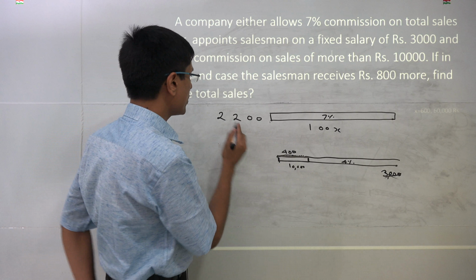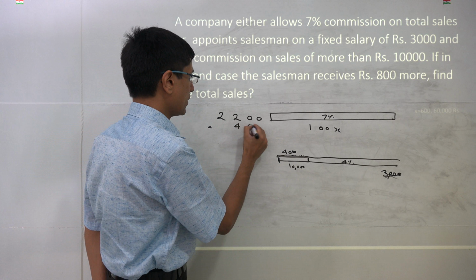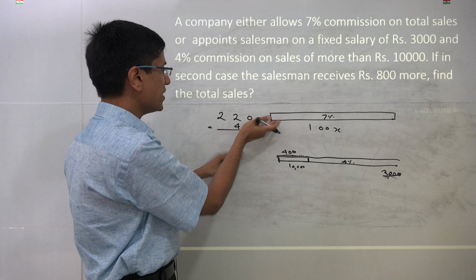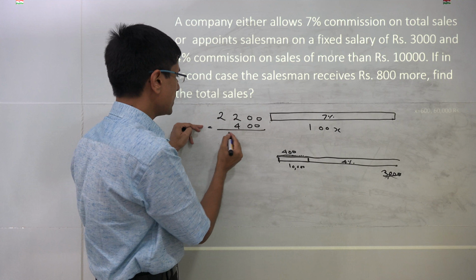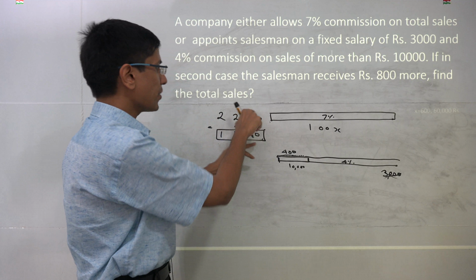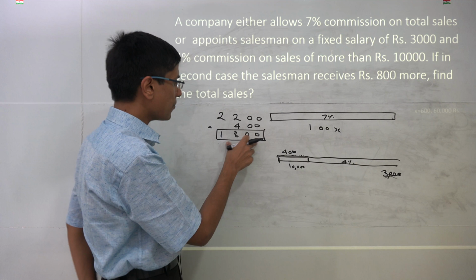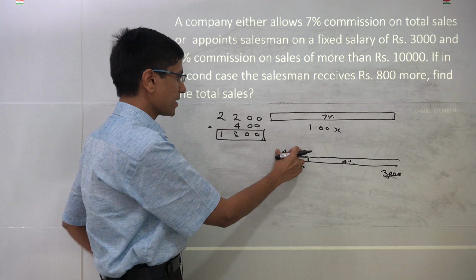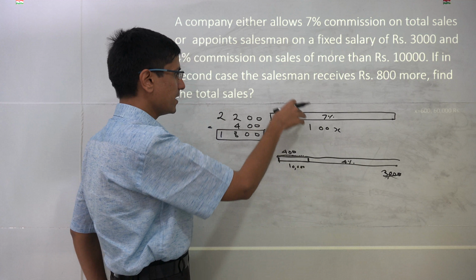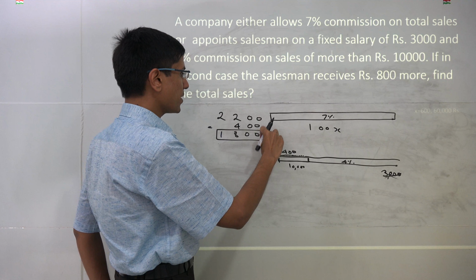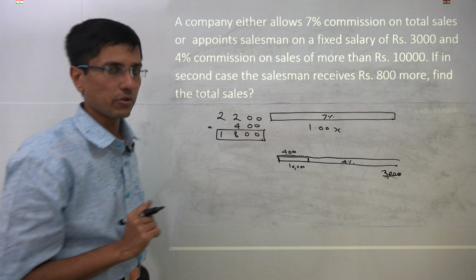Since he is earning 400 rupees more, instead of having an advantage of 2,200 in this case, we would only have an advantage of 1,800 more in this case, because I would get 400 more from here, which means the difference instead of being 2,200 would now become 1,800.